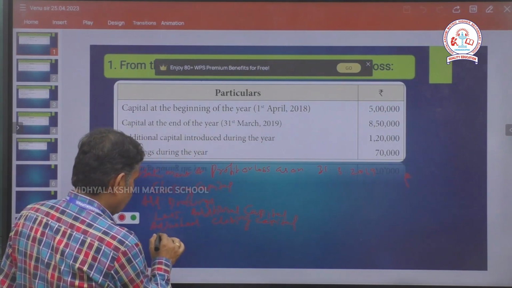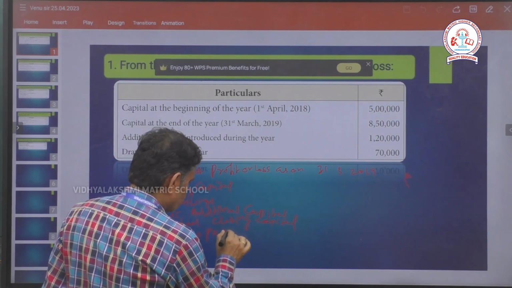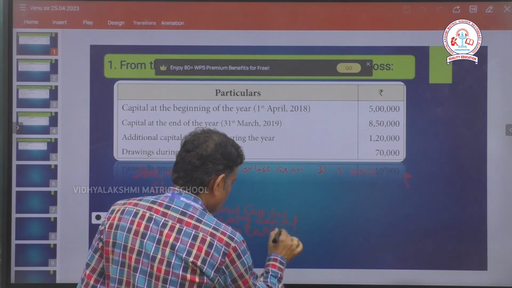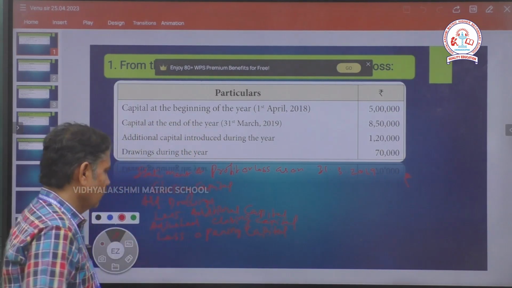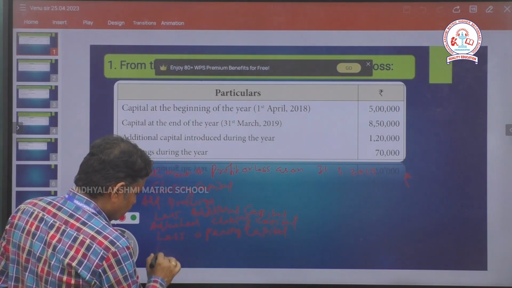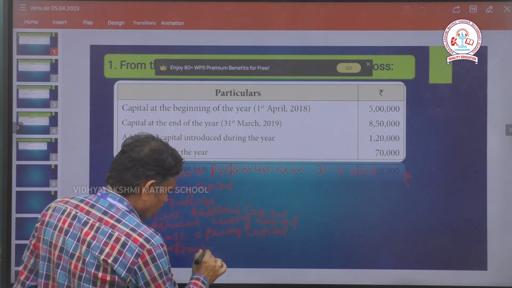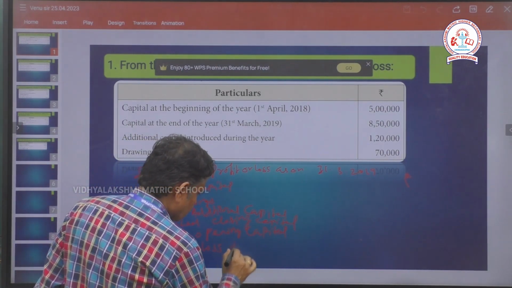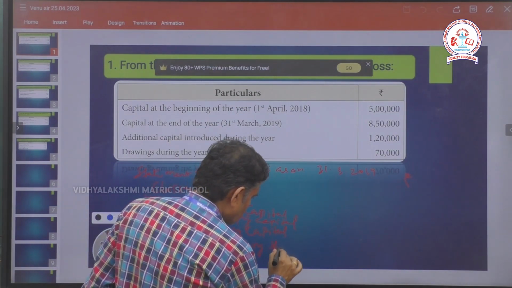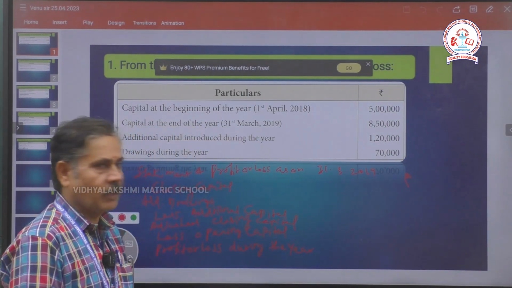After that, you can write less opening capital. Finally, find out the result of profit or loss during the year. Okay, my dear student.